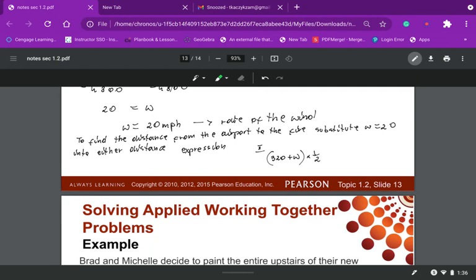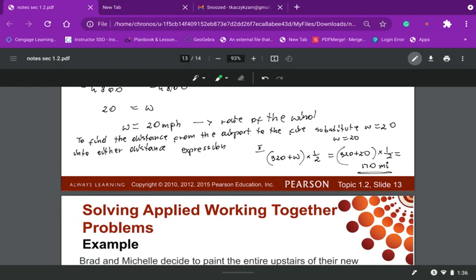And we're going to replace W with 20. So that will be 320 plus 20 multiplied by half. And the distance will be 170. We're talking about distance, so that's 170 miles.